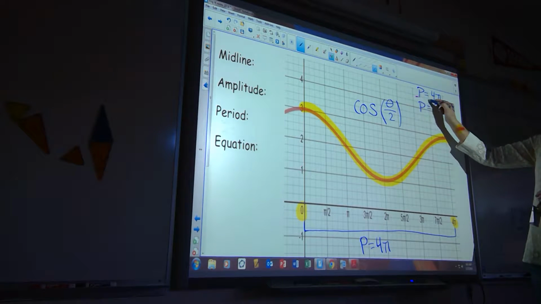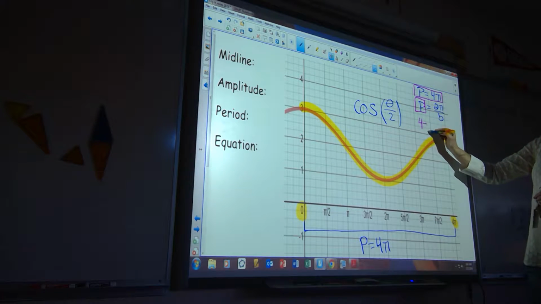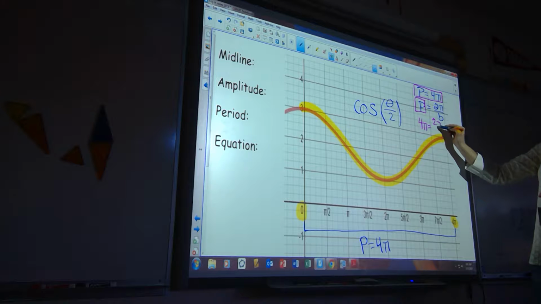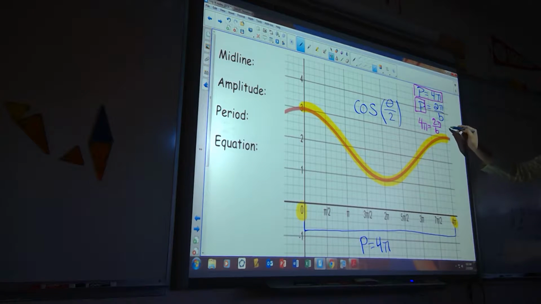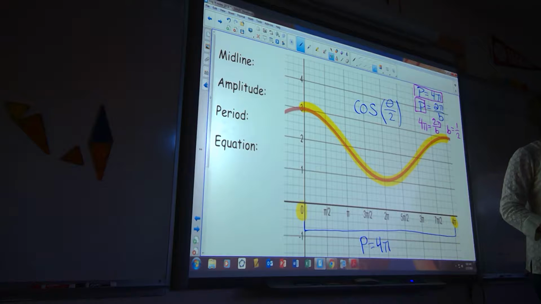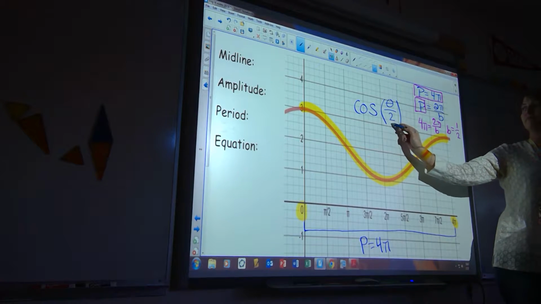I know that p is 4 pi, so I'm going to replace this with a 4 pi. So 4 pi is 2 pi divided by b. Well, wouldn't that make b a 1/2? Because 2 pi divided by a half would make it 4 pi. So that's how I would know that this is a 1/2.